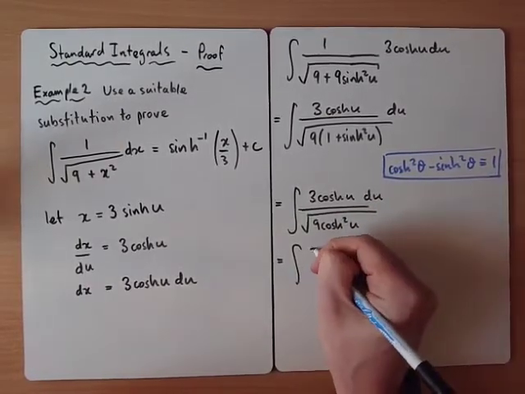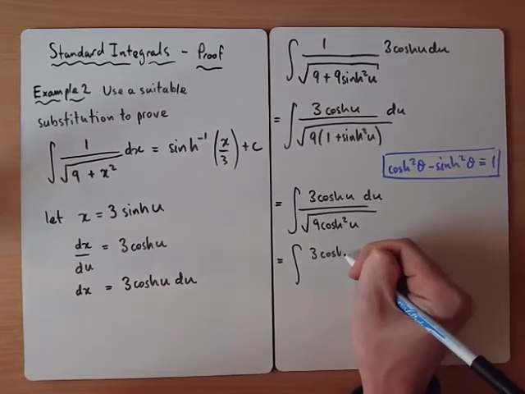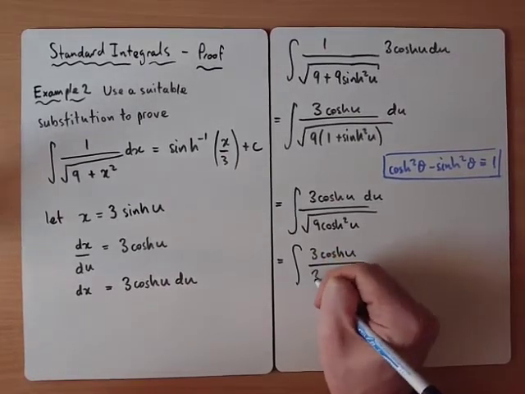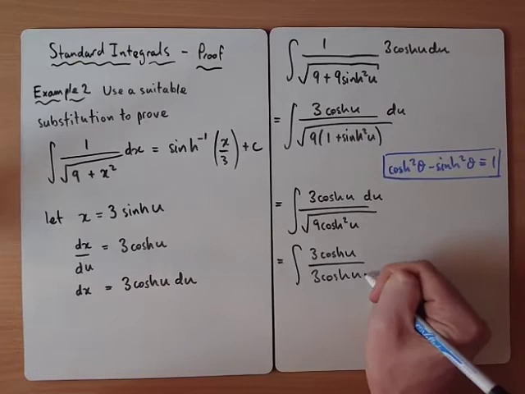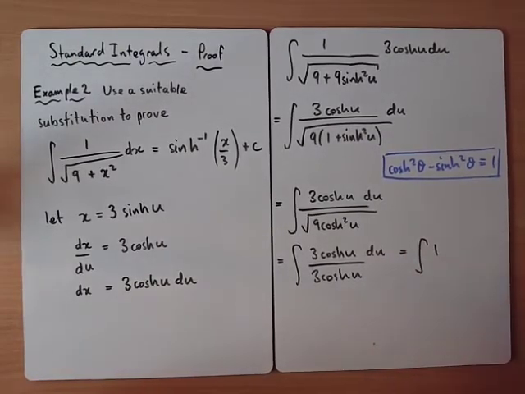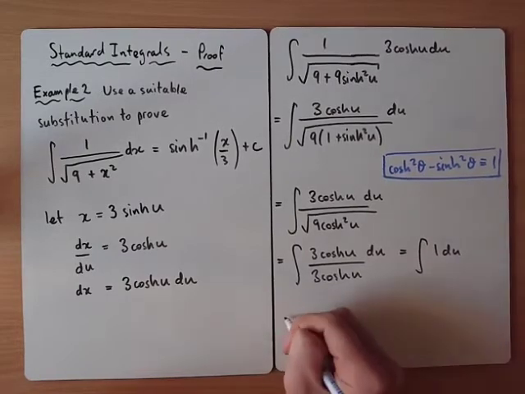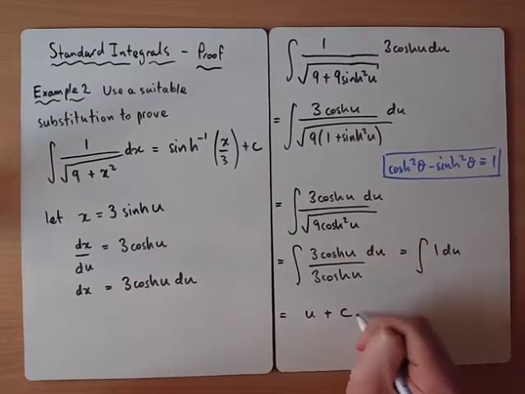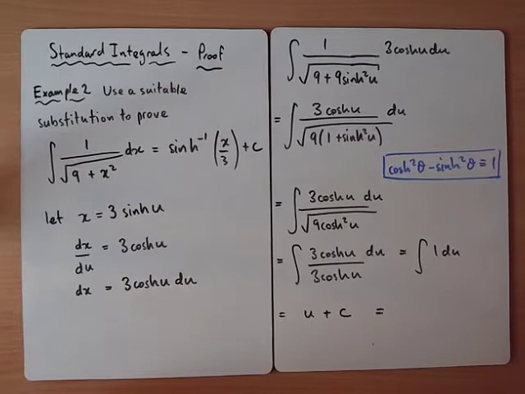And again, you know you're on the right path when this happens. So we get u plus c.